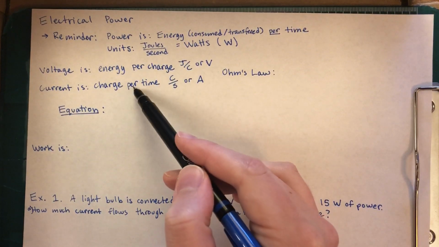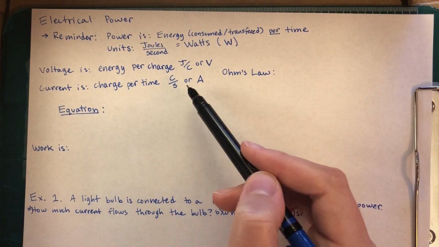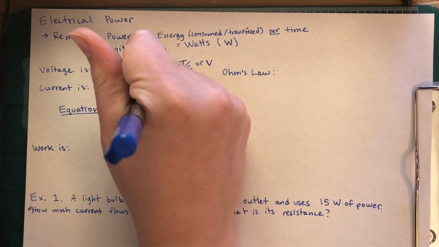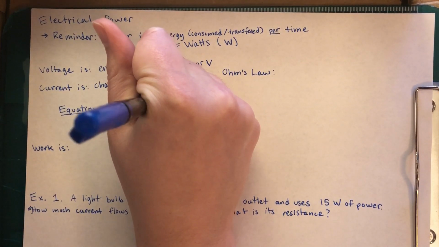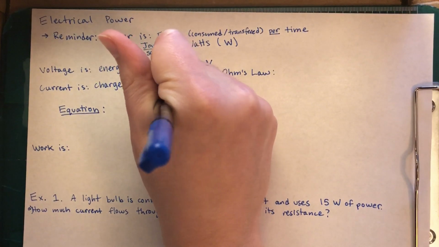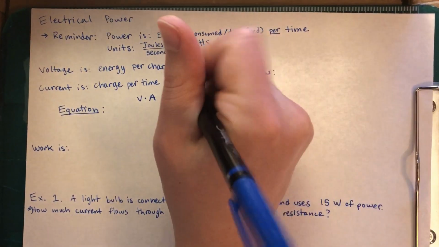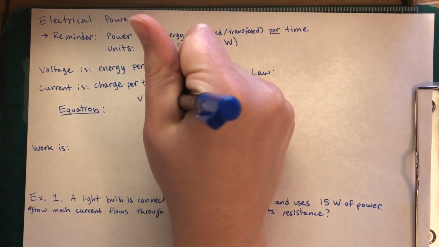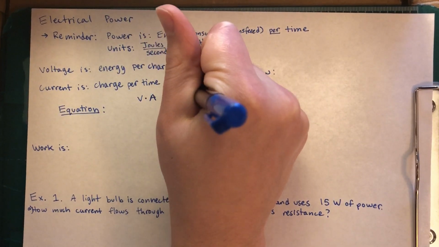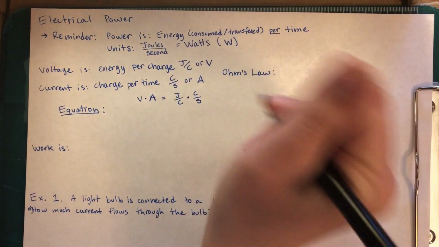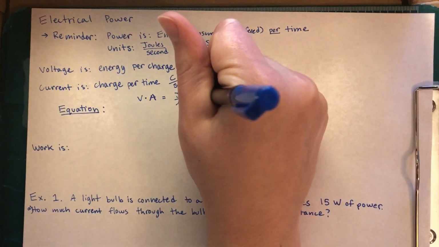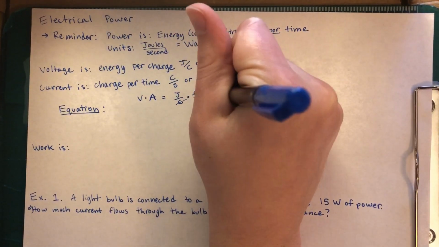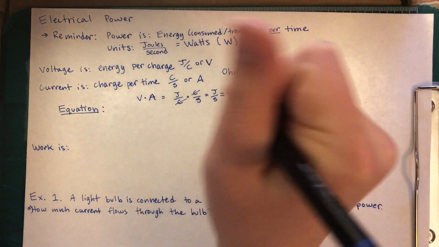Current is charge per time, coulombs per second. So our units, if we take a volt and we multiply by an amp, that's like saying we have a joules per coulomb times a coulomb per second. Cancel out the coulombs, that's a joule per second, or a watt.